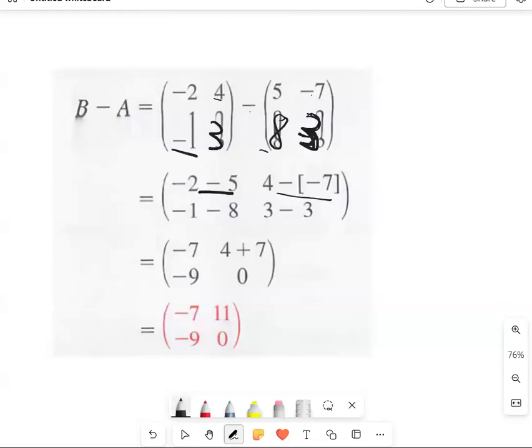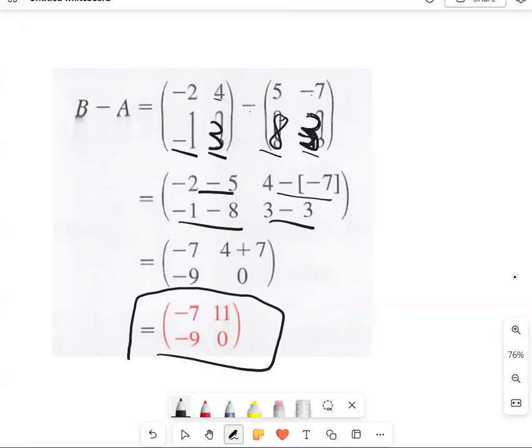Minus 1 minus 8, that's what you see here. 3 minus 3. That's what you see. And you simplify and you get that. So in matrix addition, you add corresponding elements. In matrix subtraction, you subtract corresponding elements. That's all.